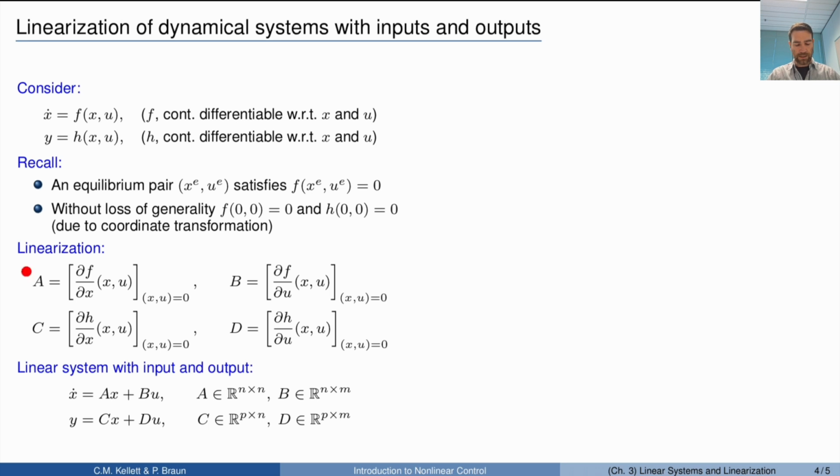This provides us a matrix A. If we differentiate f with respect to u, and again evaluate it at 0, 0, we can denote that with the matrix B. And similarly, we can linearize the output equation, first differentiating with respect to x and then with respect to u, giving us these two matrix pairs AB and CD, which then define a linear system with input and output simply defined by these four matrices.